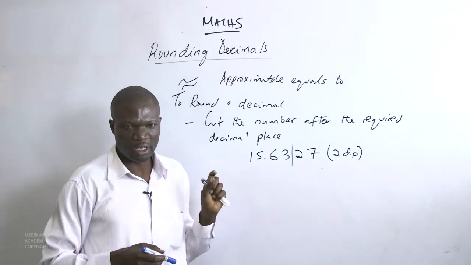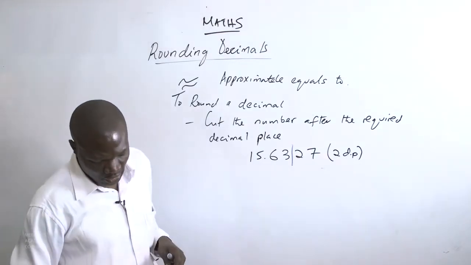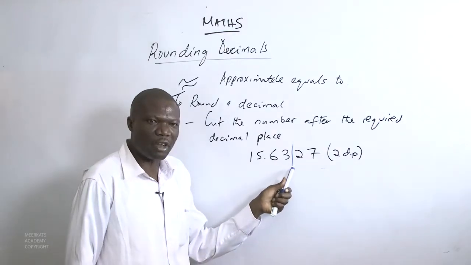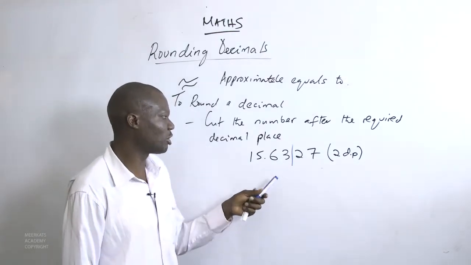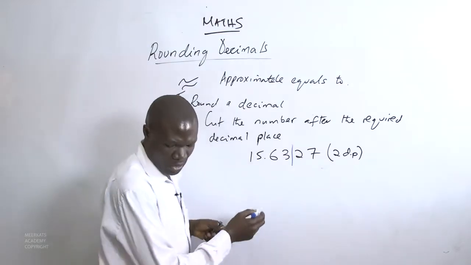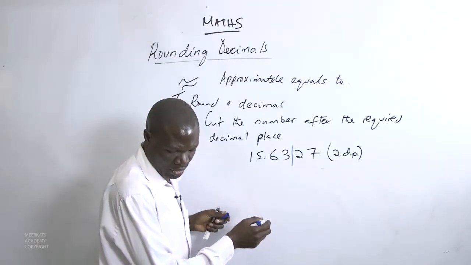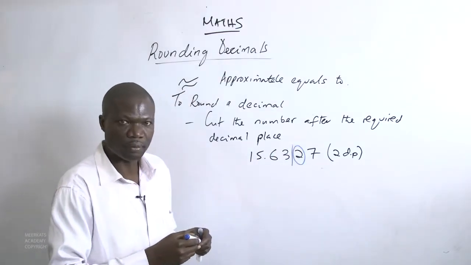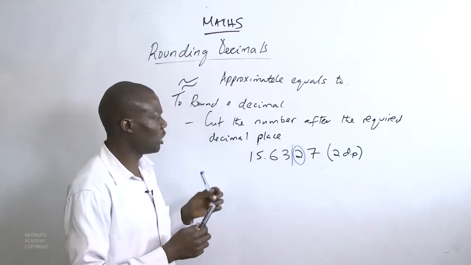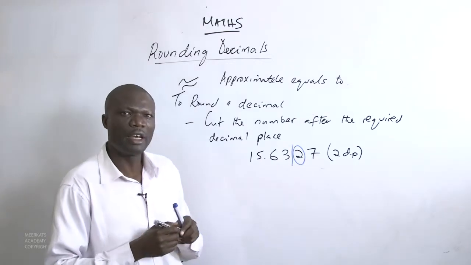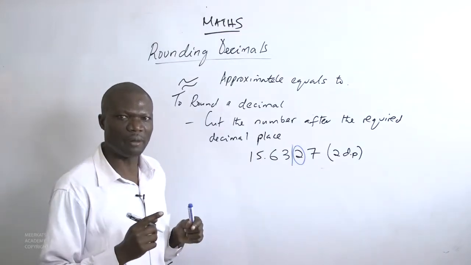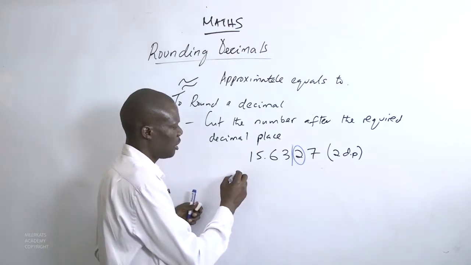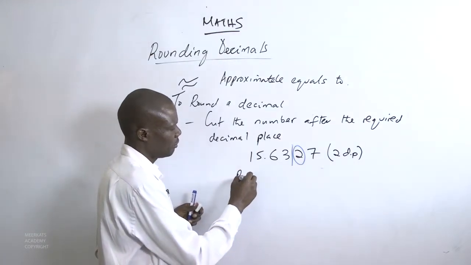After doing that, we shall now consider the next digit after the required number of decimals. In this particular case, we are looking at the digit 2, this digit here. This digit is the one which is going to determine if we are going to round upwards.